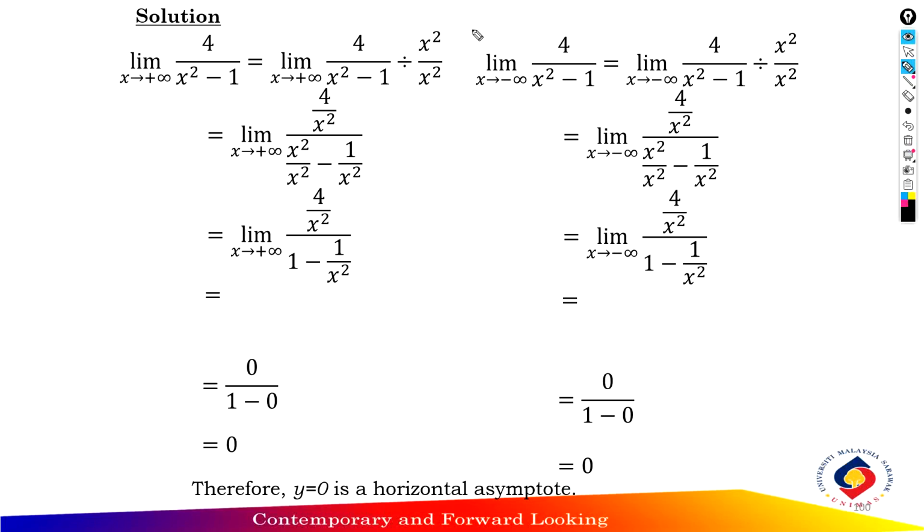So the method here is using limits at infinity. Okay, first find the limit as x approaches positive infinity of 4 over x squared minus 1.